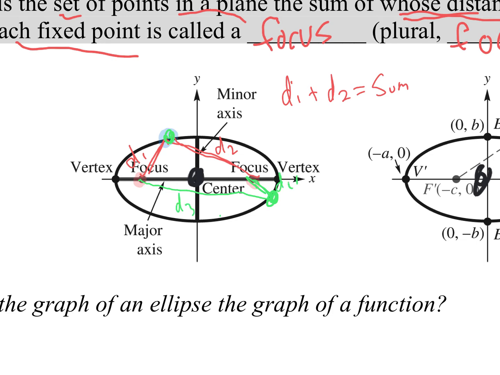Well, guess what? Distance 3 plus distance 4 is exactly the same sum. No matter where you draw a point on the ellipse, the distances from the fixed points will always add up to the same value.